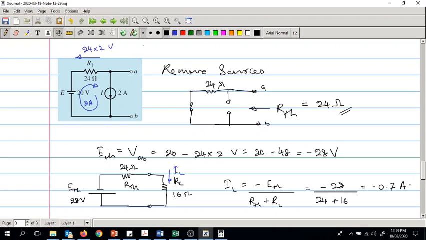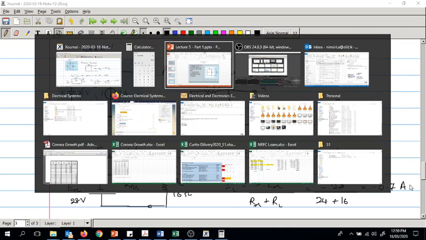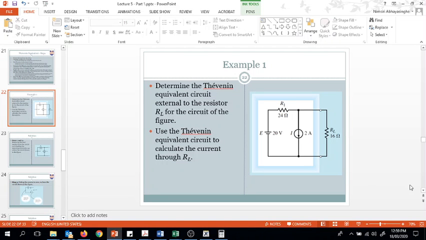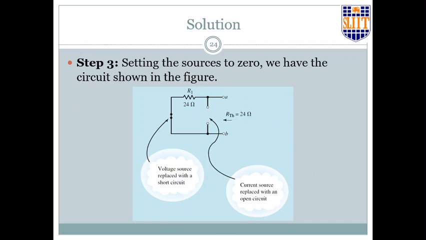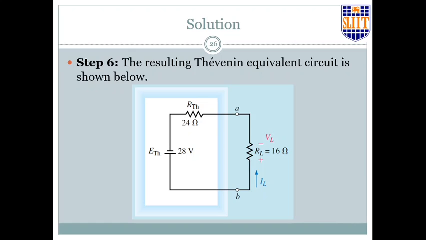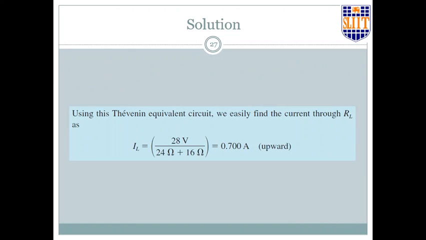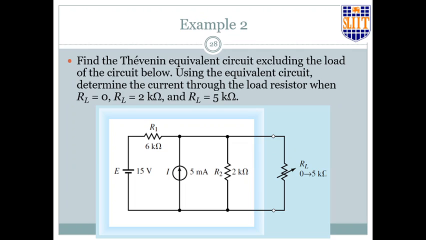Now we are using Thevenin's equivalent, although in this case we used it for a single situation. We usually use it for situations where you need to change the values and redo the calculation again and again. So this shows that the current is upwards.